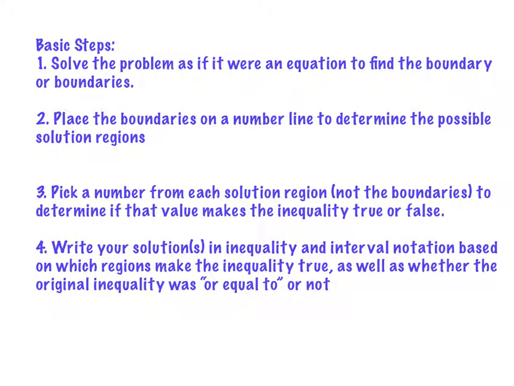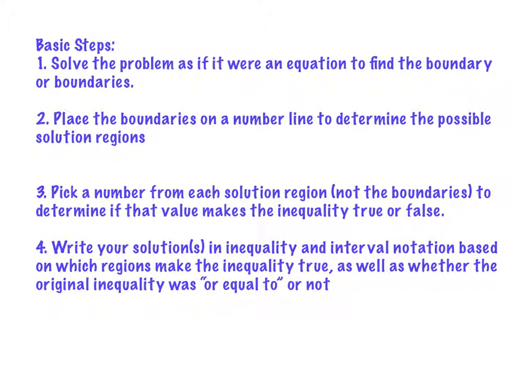So there are some basic steps involved in these. First, you're going to solve the problem as though it were an equation to find the boundary, or in some cases, boundaries. Place those boundaries on a number line to determine the possible solution regions. Then from those solution regions, pick a couple of various numbers. Definitely don't pick the boundaries. And then evaluate those values in the inequality to determine if they're true or false.